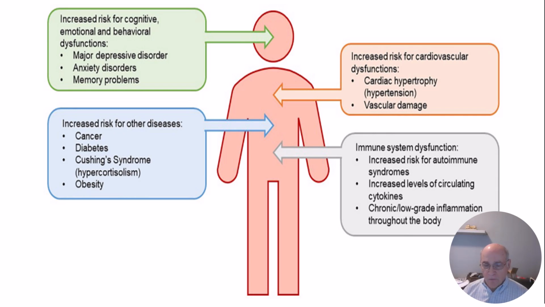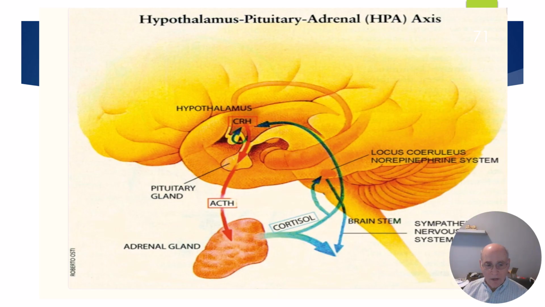When you lose the feedback mechanism, when Th1 goes down, Th2 goes up. You get increased levels of circulating cytokines, this low-grade chronic inflammation, and you increase your incidence of developing cancer, diabetes, Cushing's syndrome, which is hypercortisolemia, and certainly obesity, which drives inflammation.